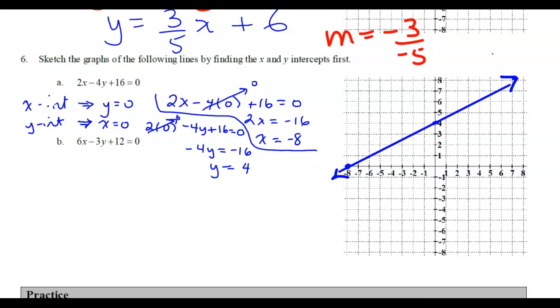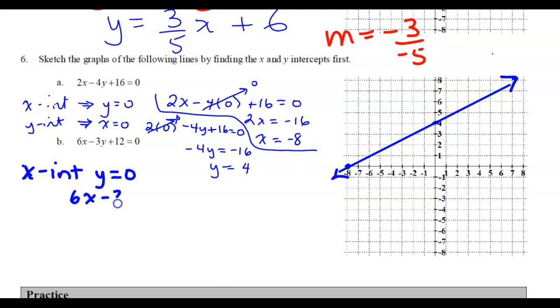Next one. X-intercept is when y is 0. So that'll be 6x minus 3y, which is now 0, right?